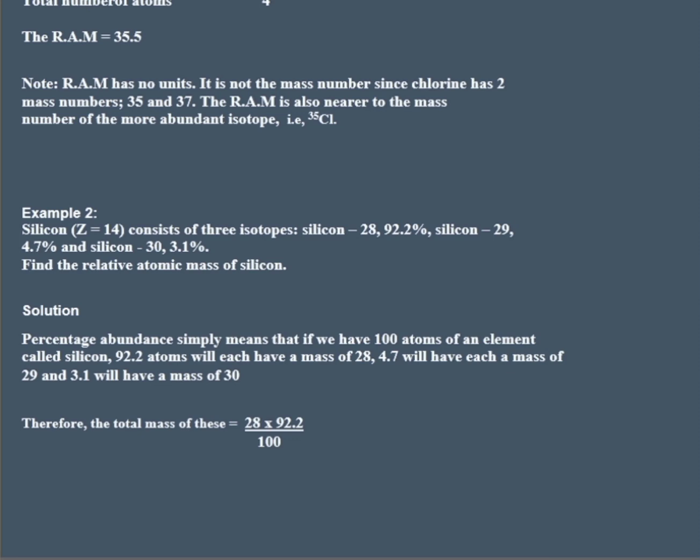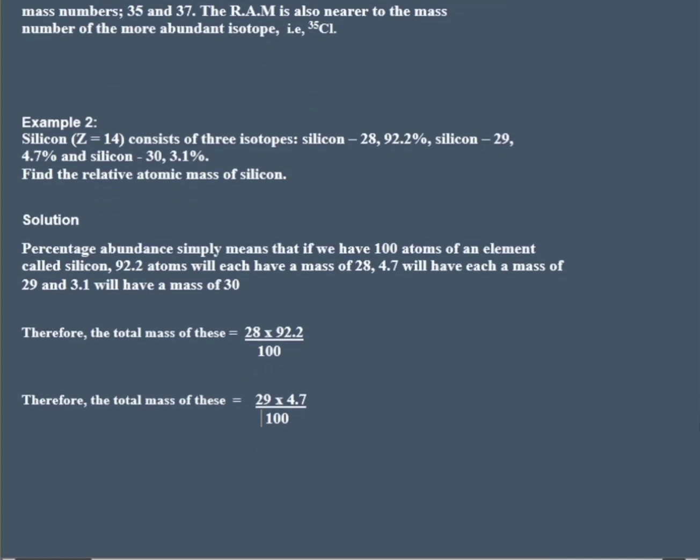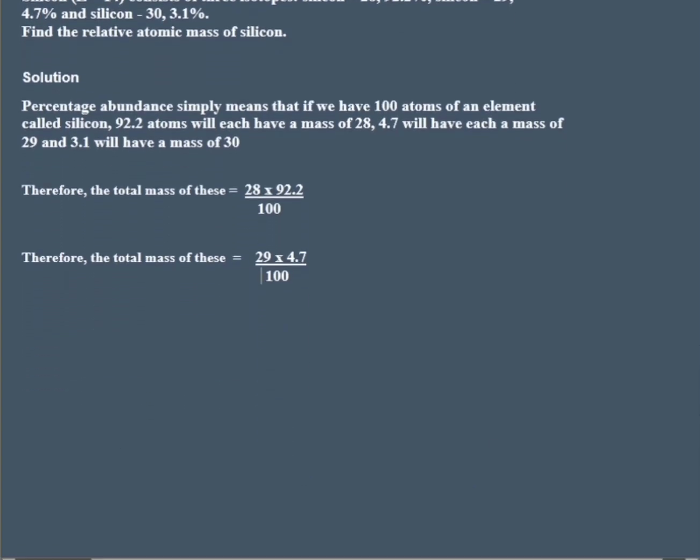For the second one, which has a mass of 29, because you have 4.7 atoms, this will be the calculation. Then we'll have the third one that has a mass of 30.